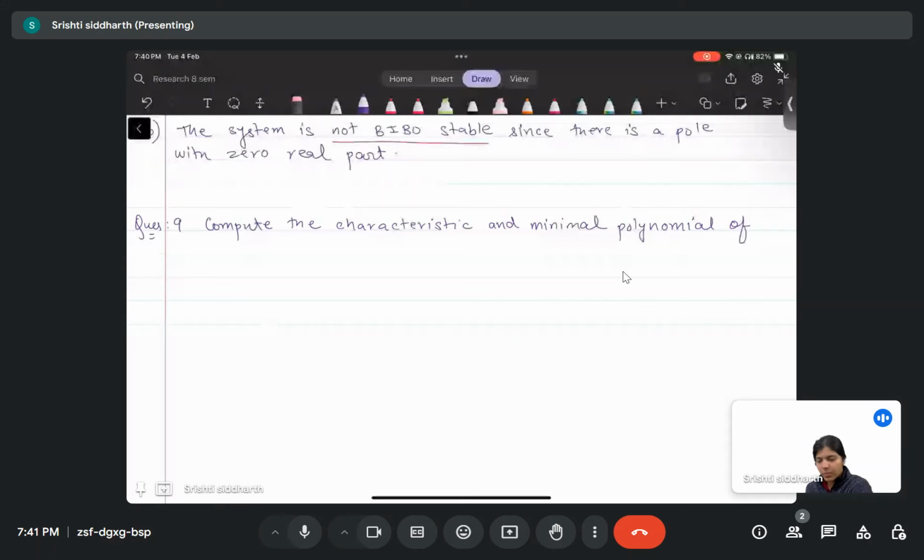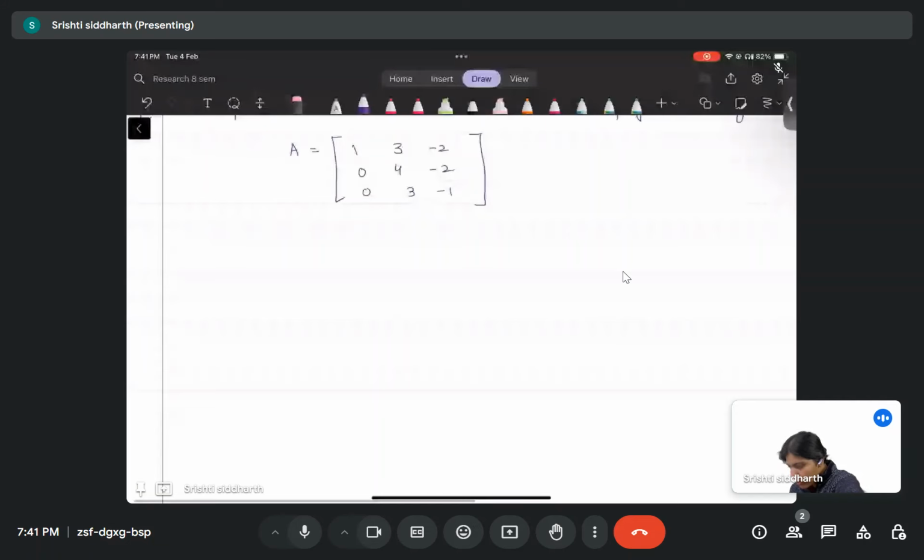This polynomial is simple to compute. It is simply the determinant of A minus lambda I, which should be equal to 0.